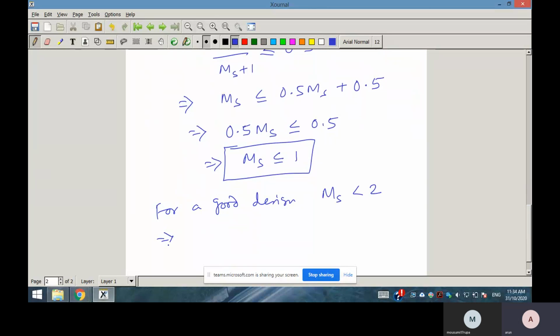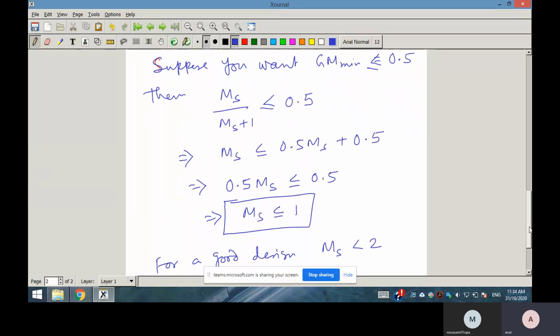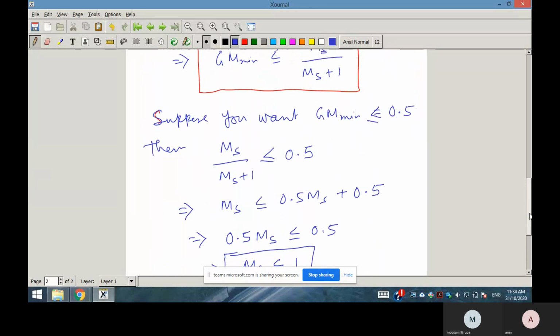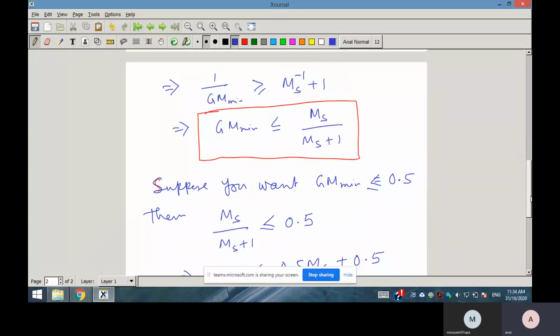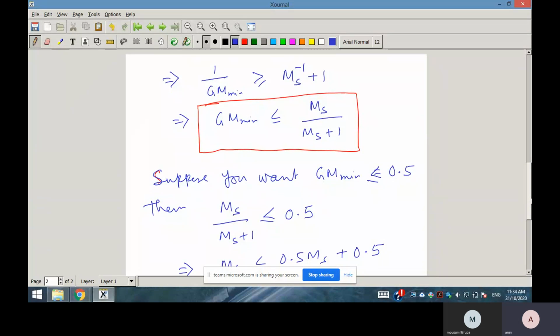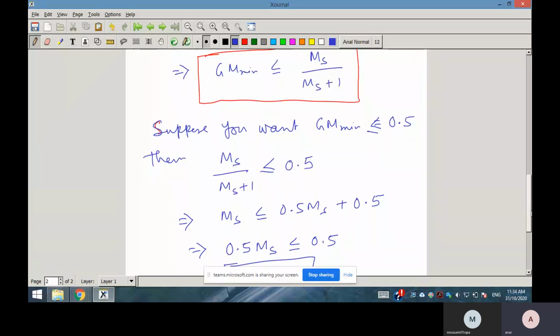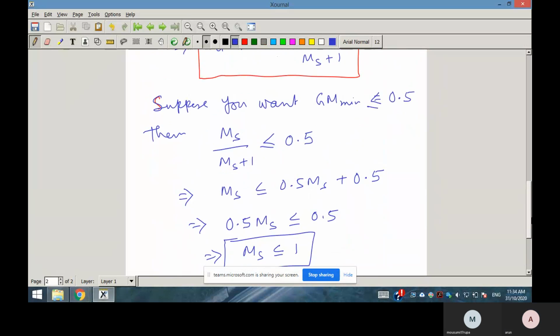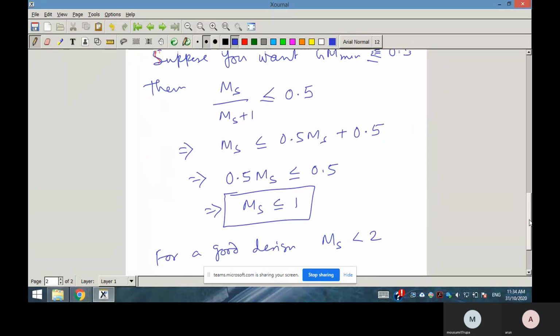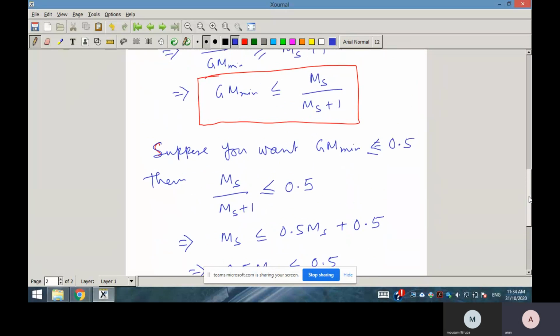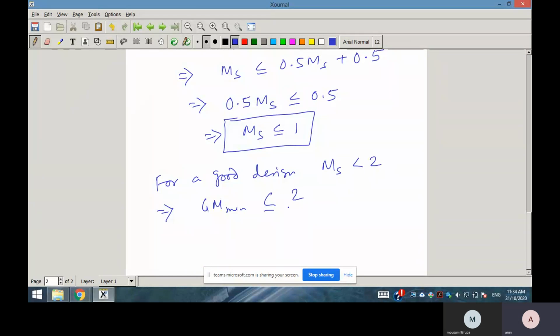So MS less than 2 means your GM min is less than or equal to 2 by 3. That means around 0.66 that you can guarantee.